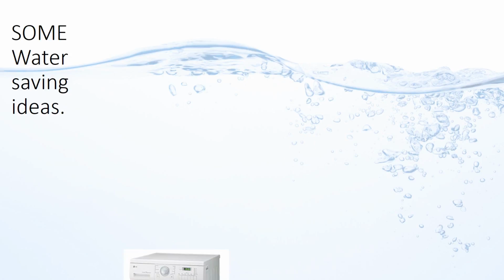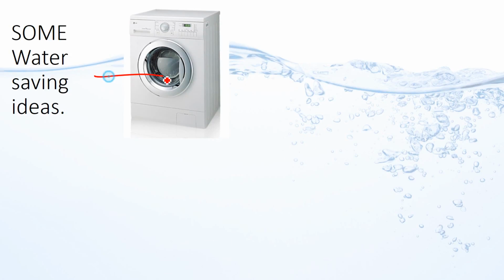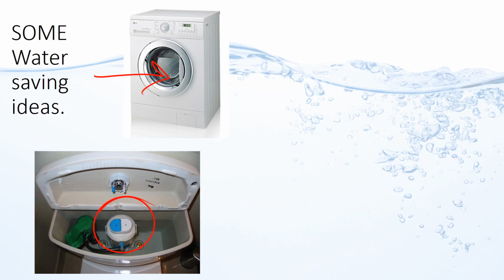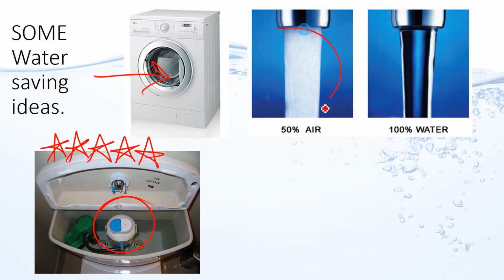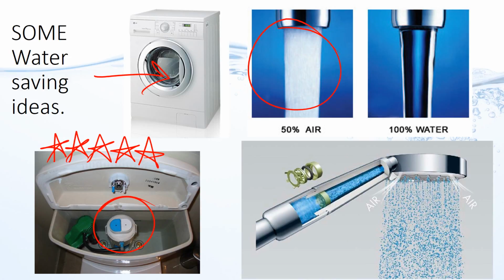Keep moving. Now the obvious water saving techniques in the laundry: a front loading washing machine uses less water. A dual flush toilet cistern or suite is a water saving device. They often have star ratings on them, so you can really look at which ones are the most water efficient. Of course, we talked about the aerators in our taps, and talked about flow reducing valves, etc. in our shower heads to reduce the amount of water that comes out of our shower head and therefore save water.